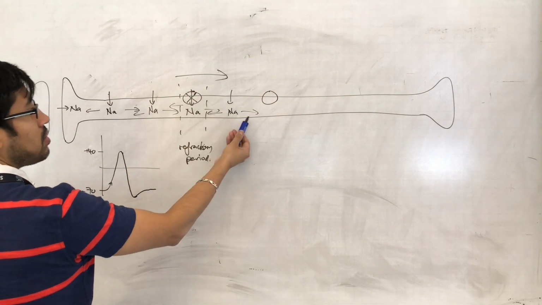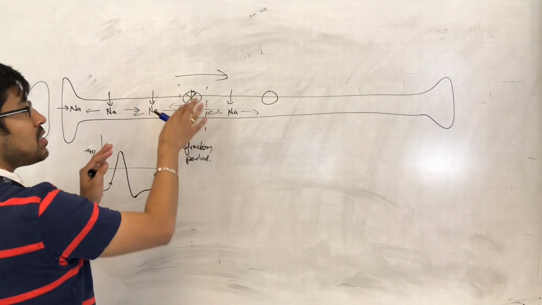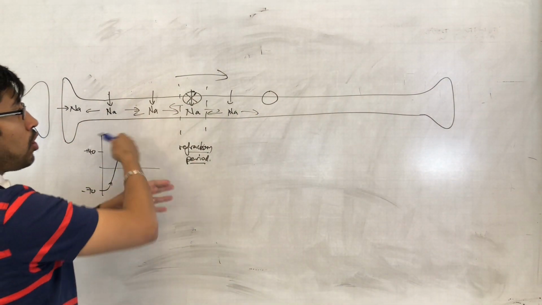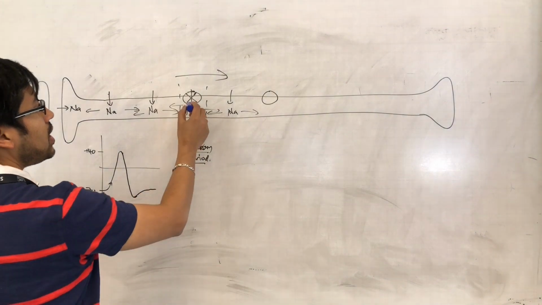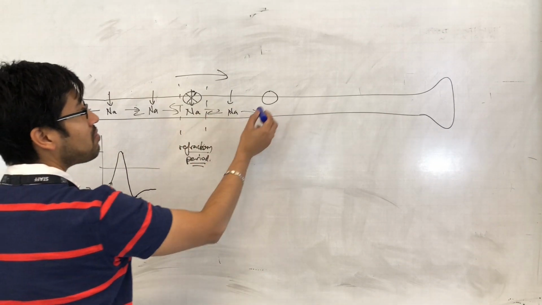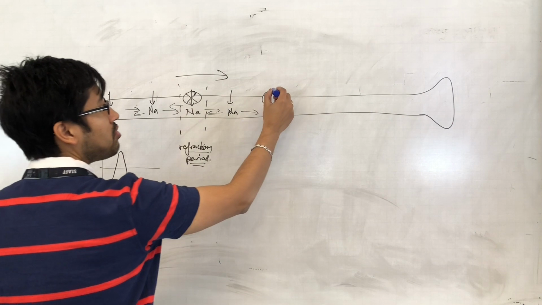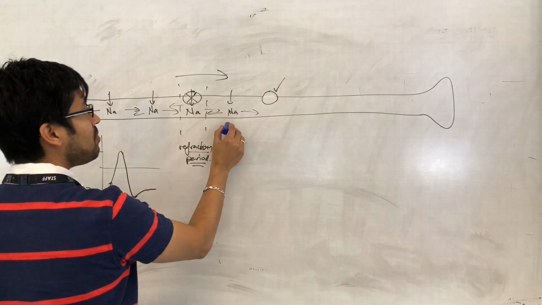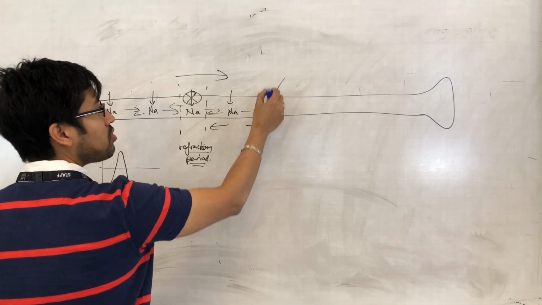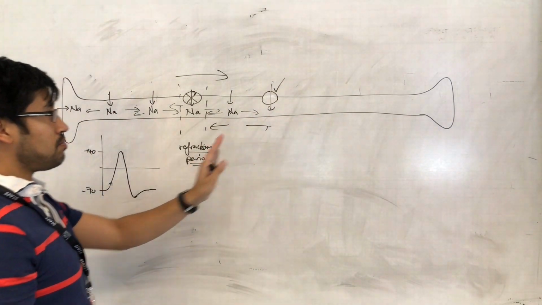In this time, even if some depolarization is experienced by this channel, if it's in its refractory period following a recent action potential, it will not respond by opening. However, the one that has not recently undergone an action potential can open, and so even though the sodium diffuses in both directions, it's only going to open this one, and the action potential will only be propagated in one direction.